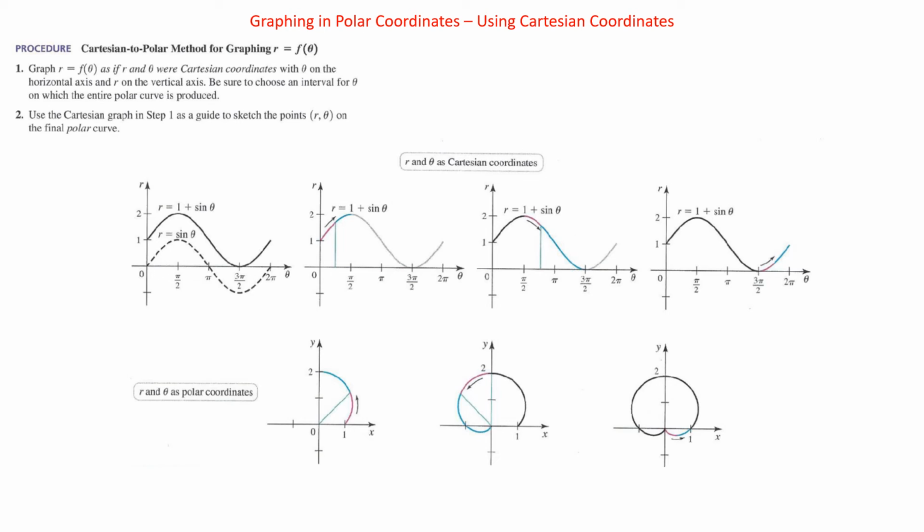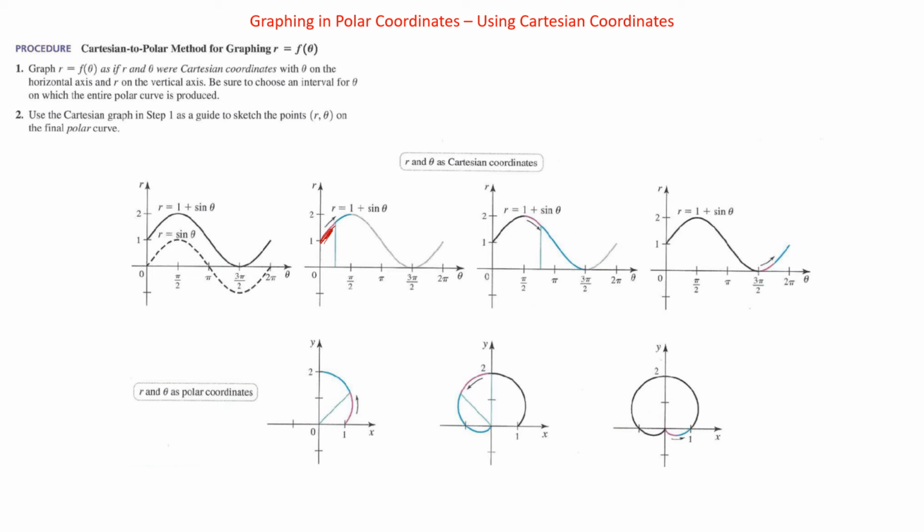So if we're looking at this one, we go from 0 to pi over 6, and the y value, or the r, goes from 1 to not quite 2, but like 1.5. So we start out radius 1, we end up radius about 1.5, and we connect it with a smooth curve.